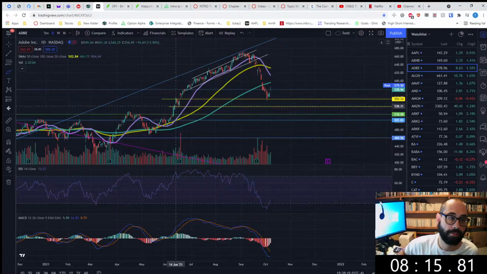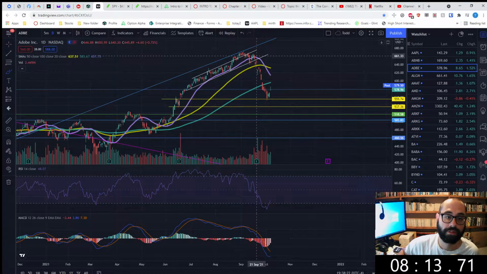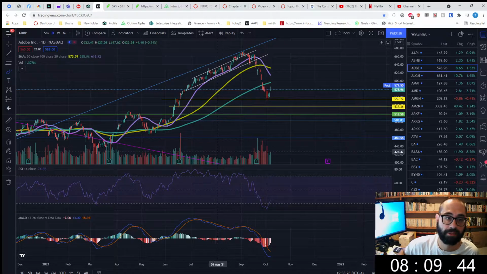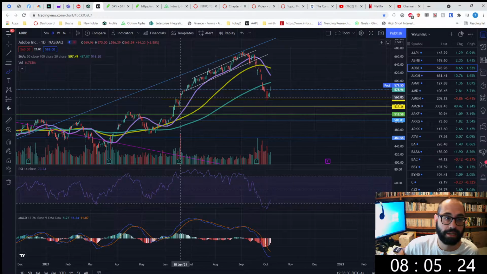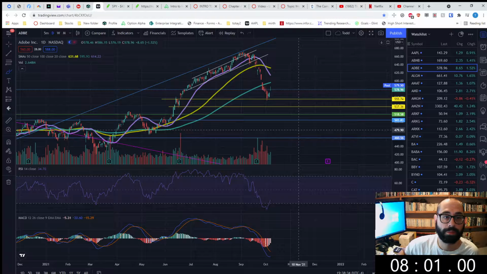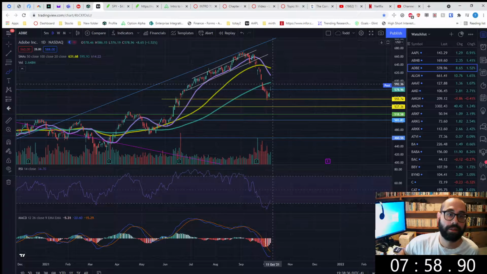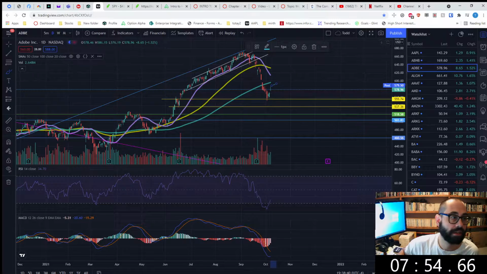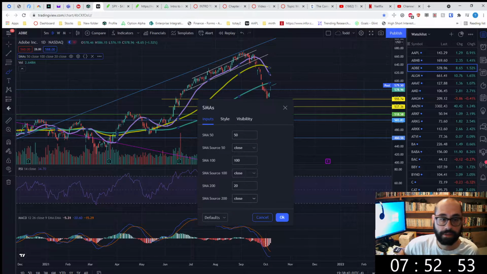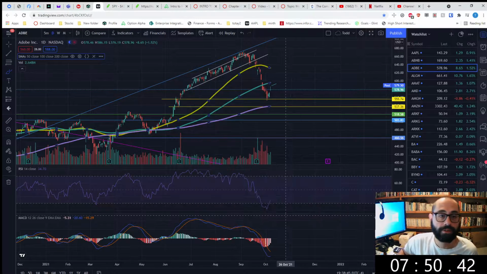Adobe was on a massive run here. So obviously, with earnings and the past couple weeks being as bad as they were, it's no surprise that we had a reset back here, and it got a little bit gappy here. So I think this support at 555 is pretty good. This is going to be an issue up here, I think, bouncing off of the 100-day. Let's go ahead and see what the 200-day is at. I know it's annoying switching back and forth.